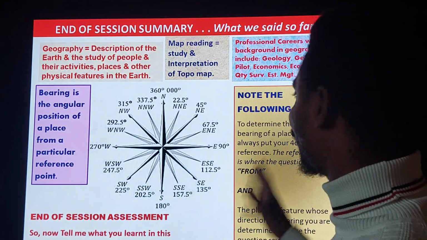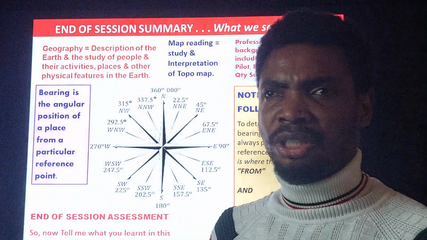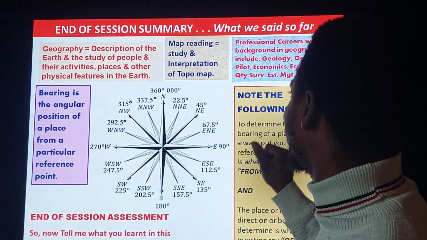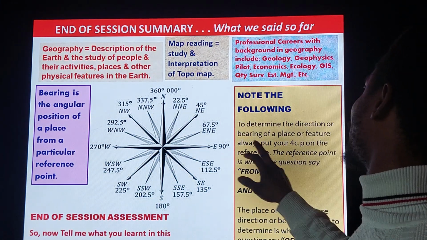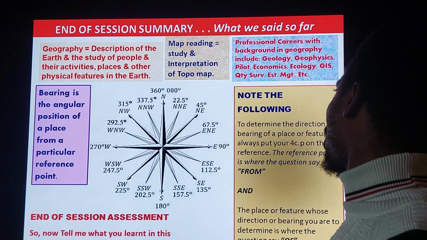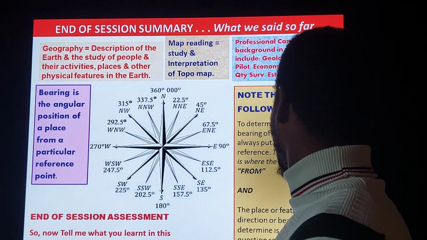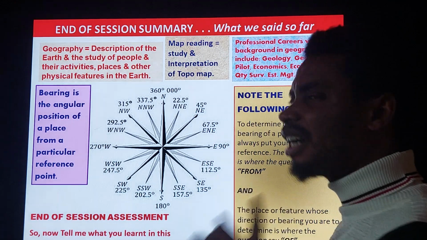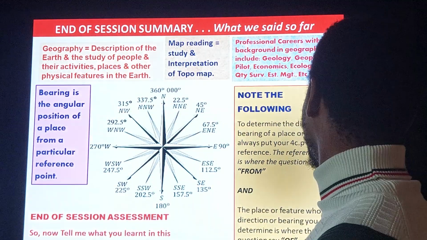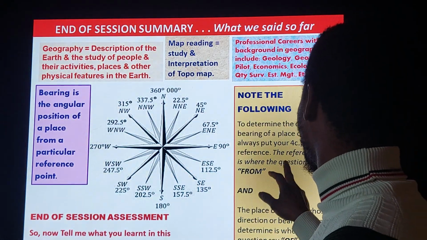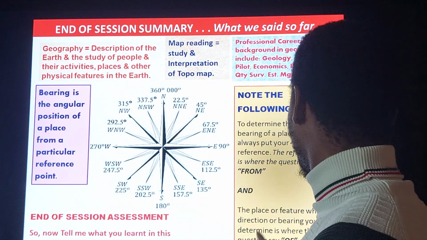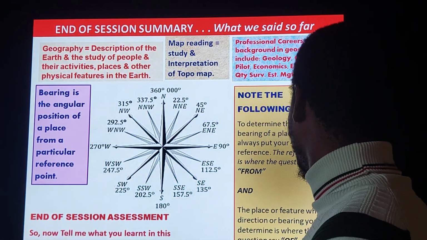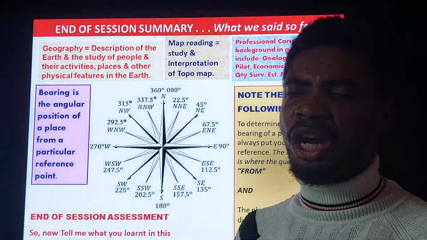So I said something when we were talking about distance, and I said something that to determine the direction of a bearing of a place or of a feature, always put your 4 cardinal points on the reference. For example, the reference point is where the question says from, and the place or feature whose direction or bearing you are to determine is where the question says of.